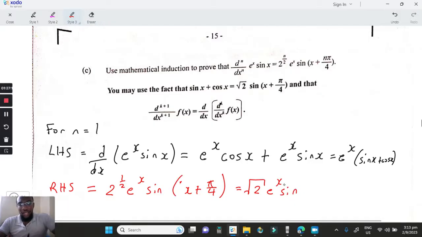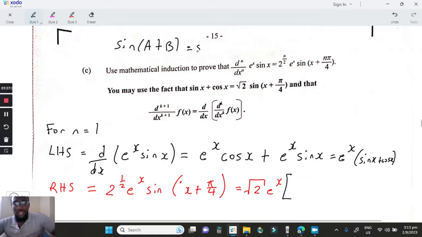Alright, so remember we can expand sine. So expand sine now, so I'm going to take off this. I can expand sine using the formula. How does the formula go again? Let me write it down. Sine A plus B is sine A cos B plus cos A sine B. That's the formula, right?